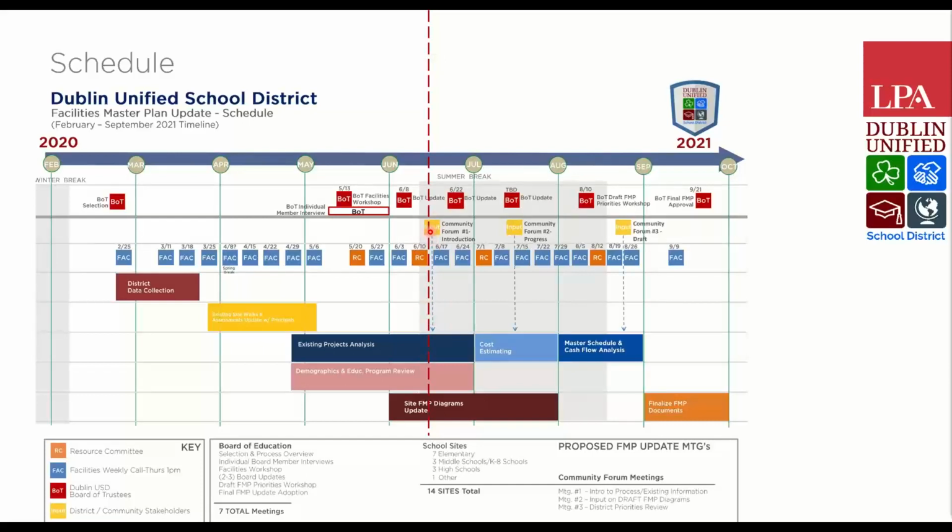We will be having 2 additional community meetings split up into the remainder of the schedule, and Jim will talk a little about what those meetings entail at the end of this presentation. We also have a resource committee established for this process. We've already met with them twice, and we will meet with them 2 more times throughout this process.